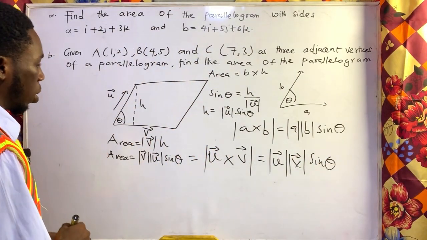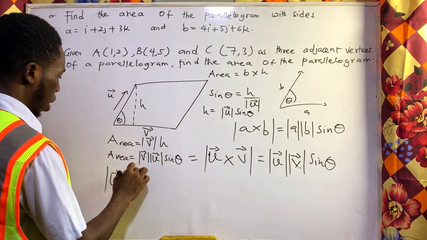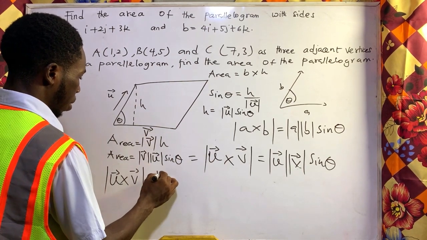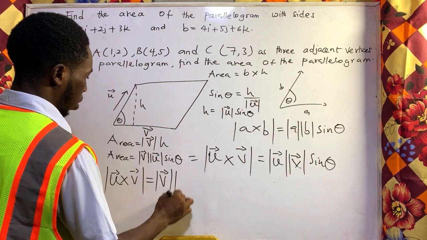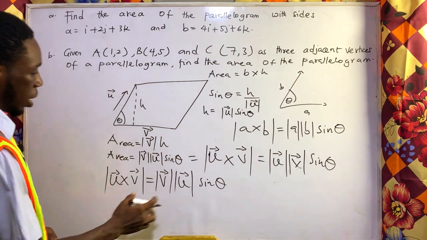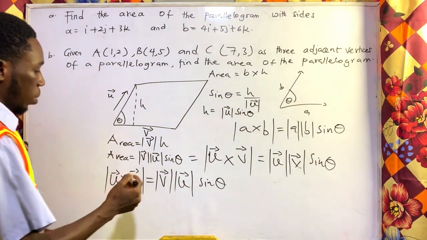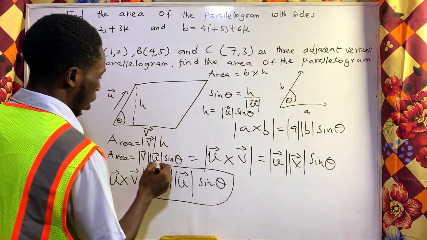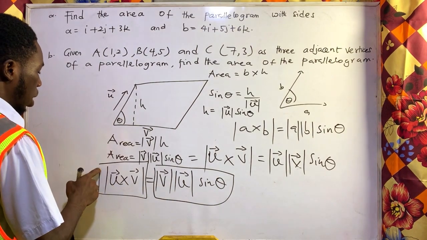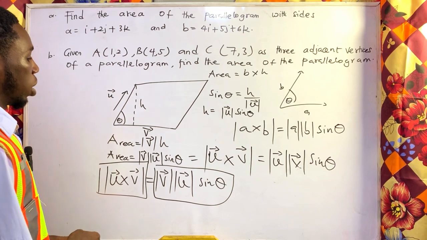So from here you can see that the magnitude of the cross product of vectors u and v is equal to the magnitude of vector v multiplied by that of vector u and sine theta, and this is the area of the parallelogram.